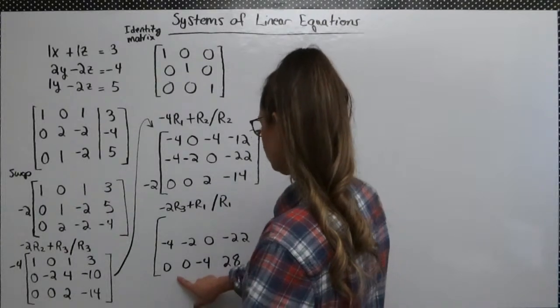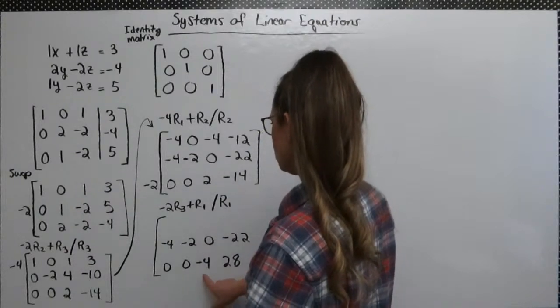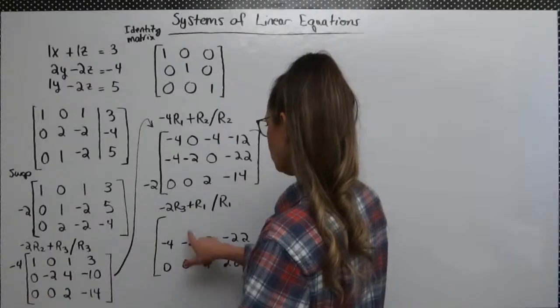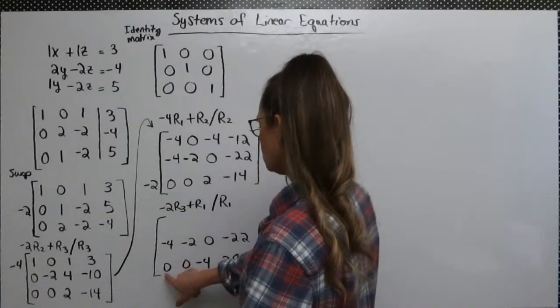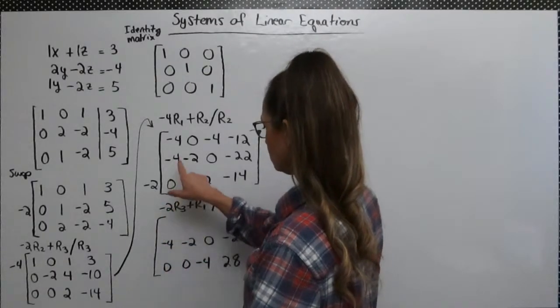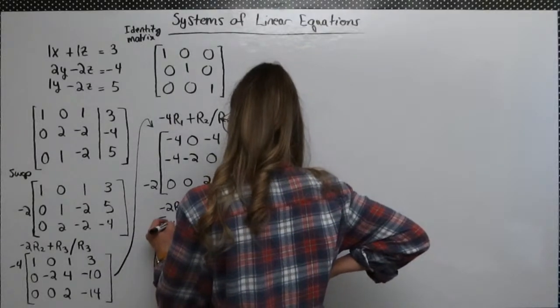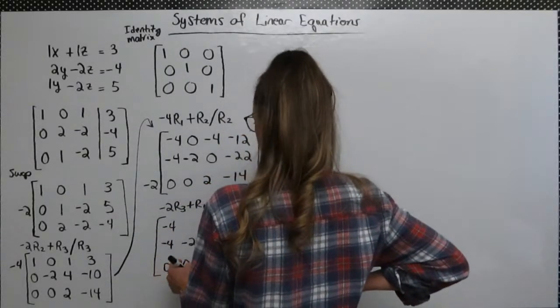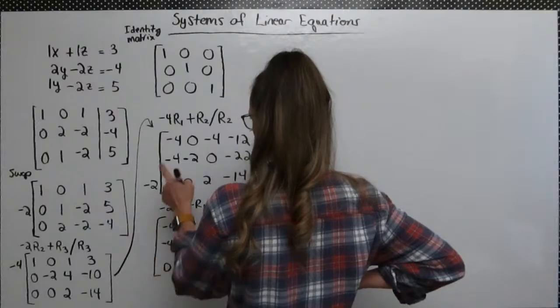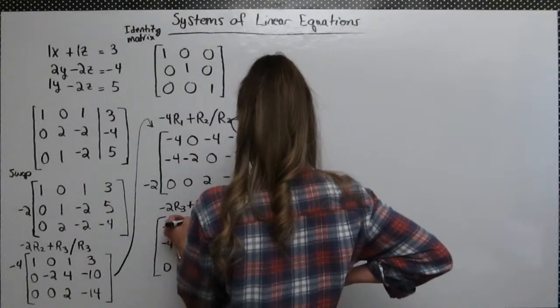So we have this one here, row 3 plus row 1. So we've got 0 plus a negative 4 is negative 4. And then we have 0 plus 0 is 0.